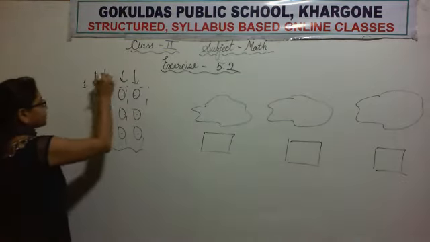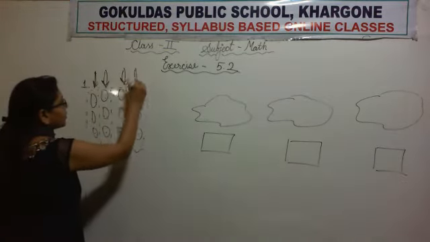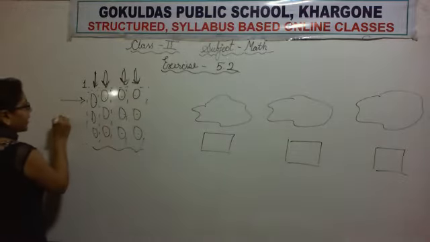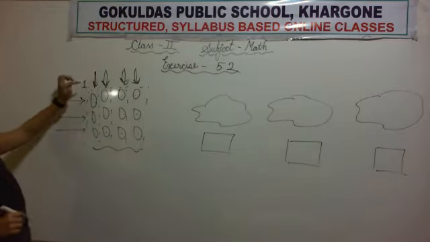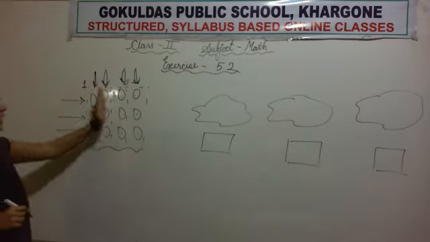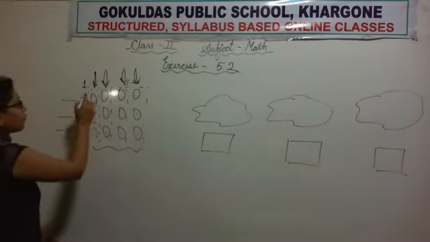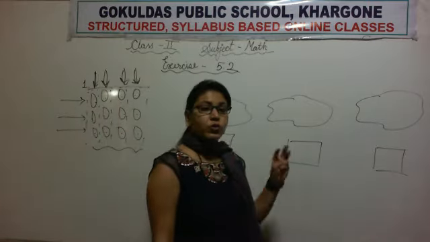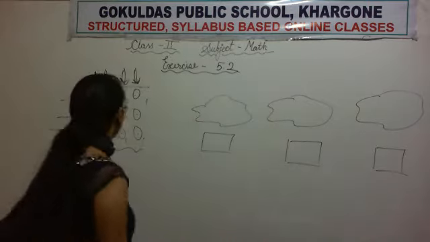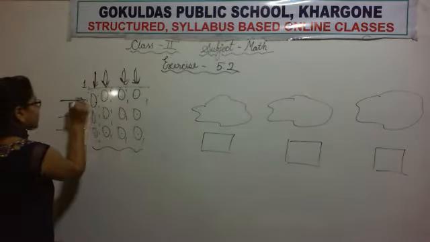We can distribute like this or like this, vertically or horizontally. So let's try first of all vertically. If we divide them vertically, 4 groups will be made, but we need to distribute them into 3 groups. So let's see horizontally.